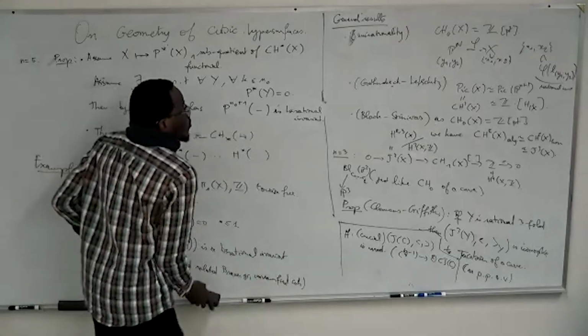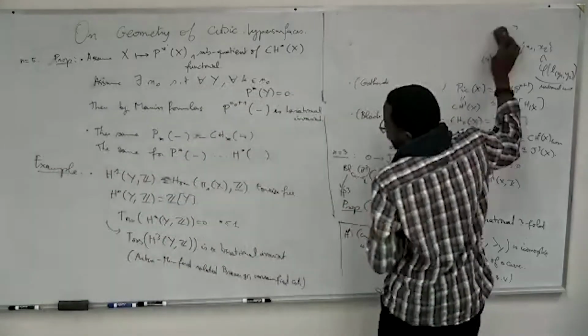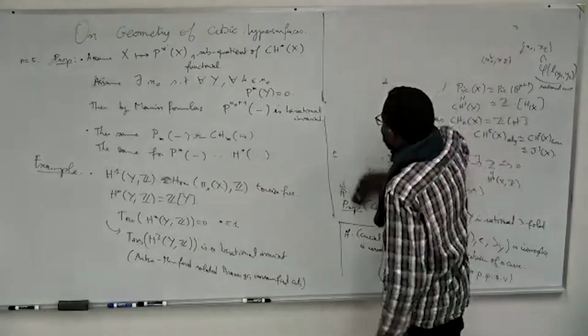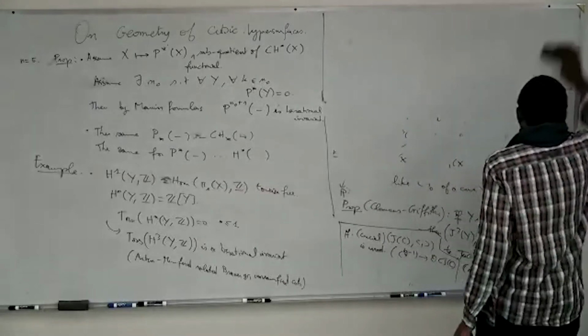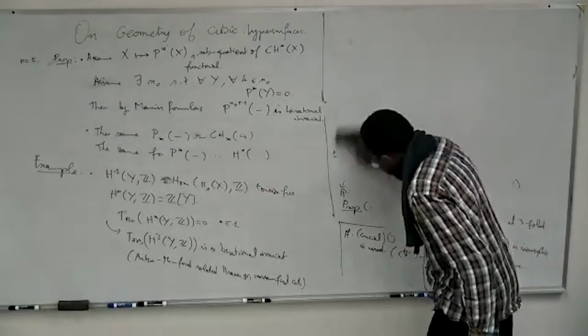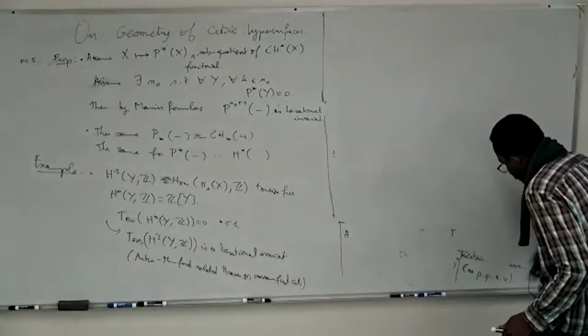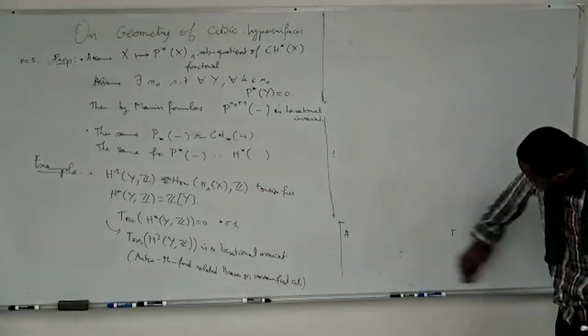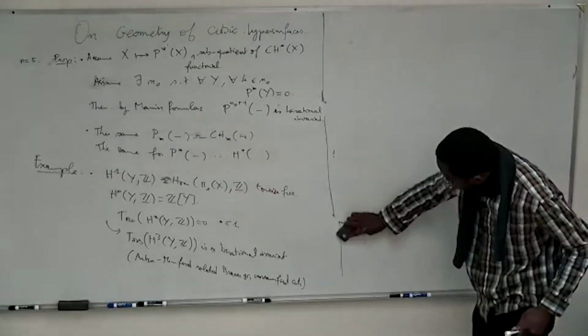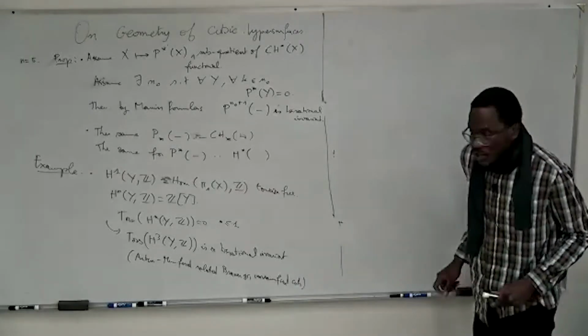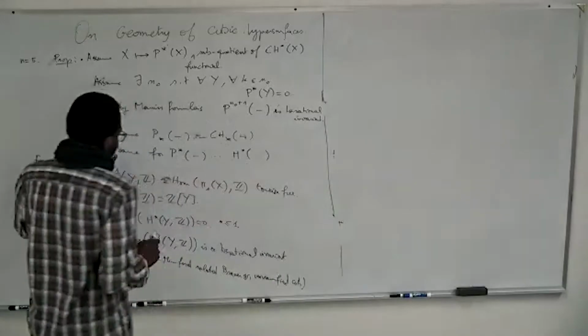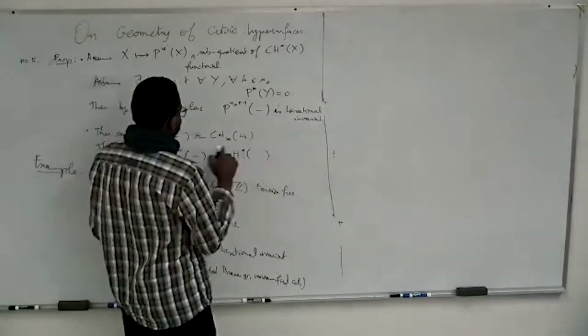So now I move to a much more interesting example for cubics. For cubics, of course, it's not interesting because the cohomology is torsion-free. Yes, I said it here, but I didn't write it.